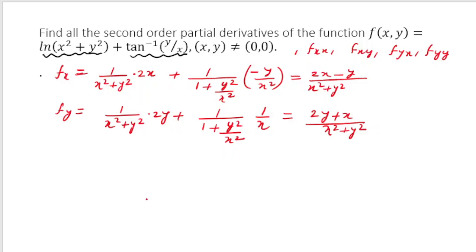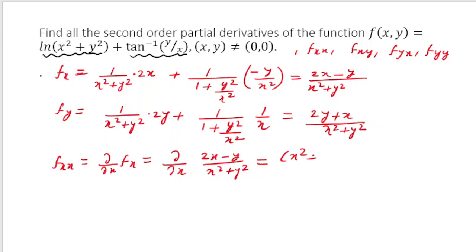Now we have to find f_xx. So f_xx means the partial derivative of f_x with respect to x again. So I have to find ∂/∂x of (2x − y)/(x² + y²), and this time I have to use the u by v formula.